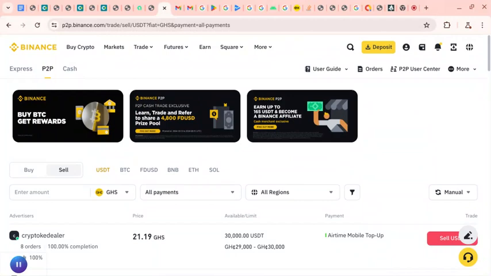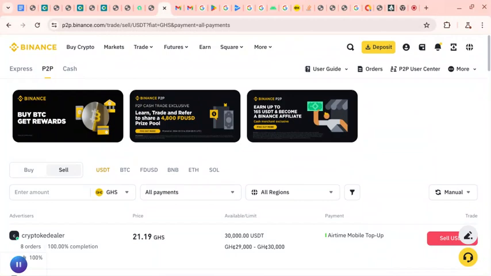So you have 0.34, 0.34 pesos as interest from one USDT. So let's say 10,000 times 0.34. So investing 10,000 in that trade, you are cashing out 3,400 Ghana cedis as profits.